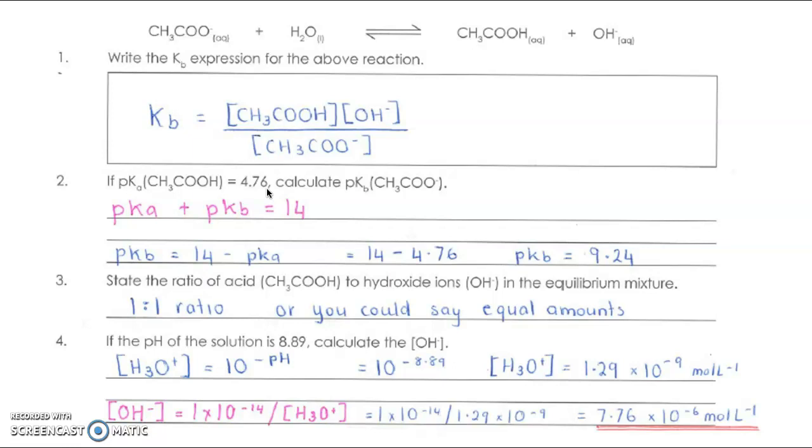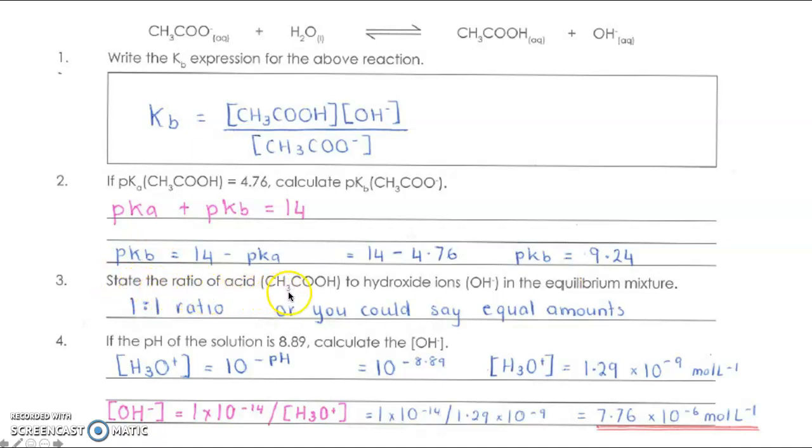Now they're asking us to find pKb first, which is easily done. We use this tool here. pKa plus pKb is 14. So by subtracting off 4.76, this is just rearranging this equation, so 14 minus the pKa, we get our pKb. We will need the Kb value, so bear with me because there will be more steps.